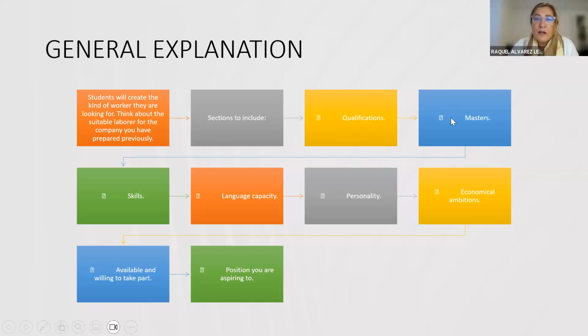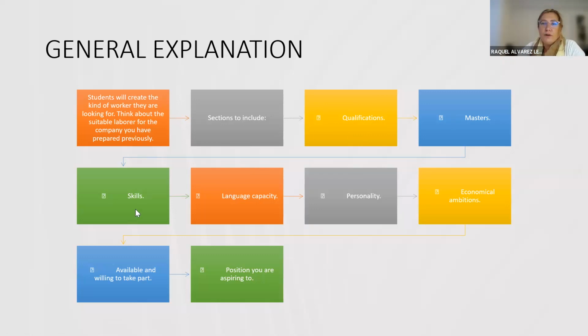Also, perhaps it's important for you that they have a master in a particular specialization. Well, this will be something you will design because you are the one who runs your company. So you will have in your mind the kind of person you want.